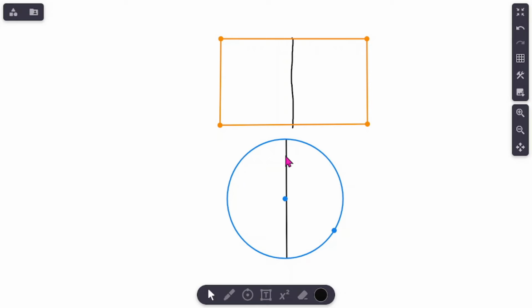And what I mean by that is that the word half means that I have broken it right down the middle into two equal parts. Here's one part. Here's two parts. Same thing up here in this rectangle. Here's one part. Here's two parts.